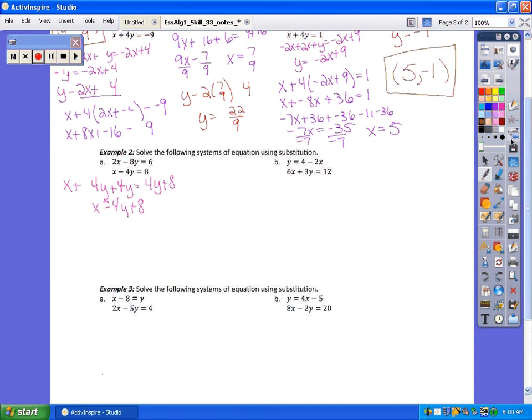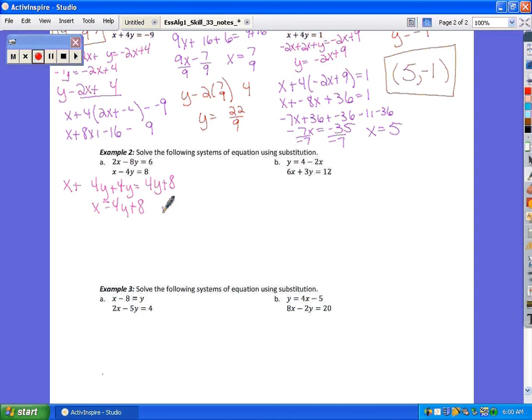Okay, my next problem, I've already solved an equation, but this time I solved for x instead of y because it was a little easier to solve one of the equations for x rather than y. So this was my bottom equation.